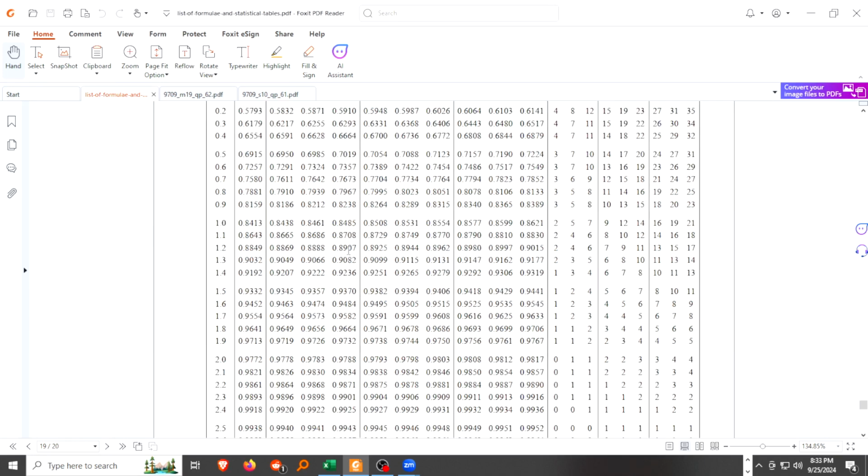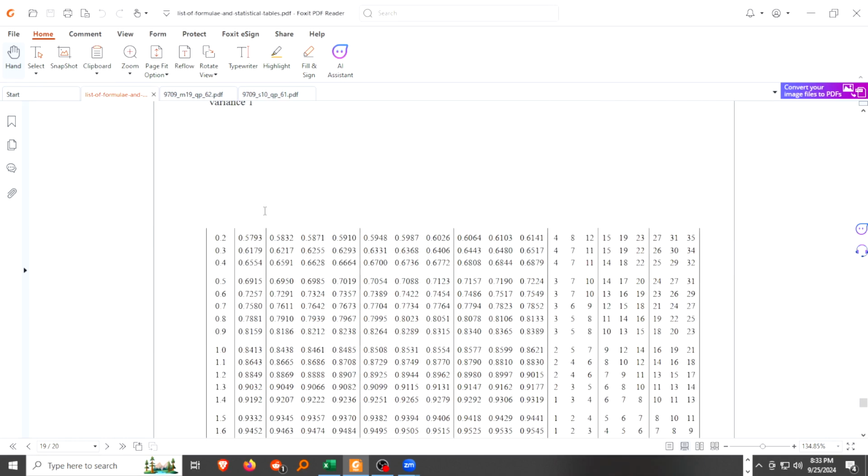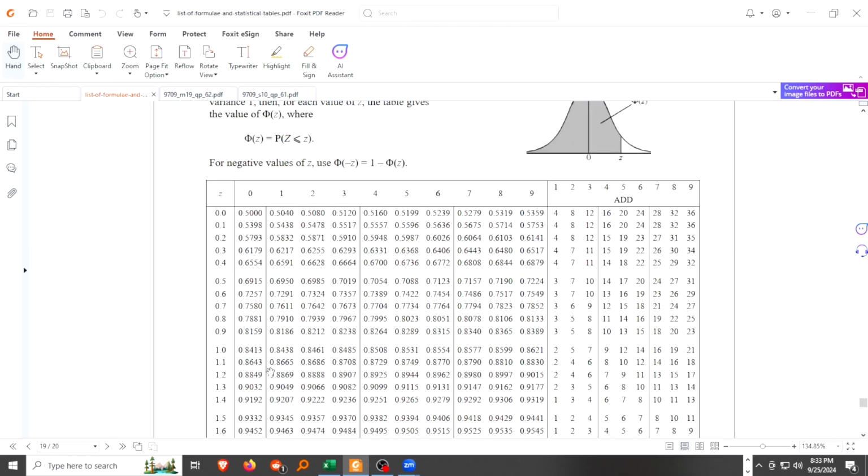Here it's 1.04, and at 1.04 we are left with 12 to get to 0.8520. So we look for 12 and find it under 5. In other words, our Z value is 1.045.